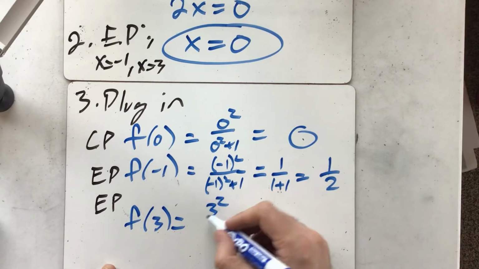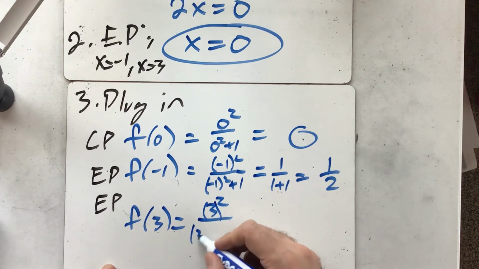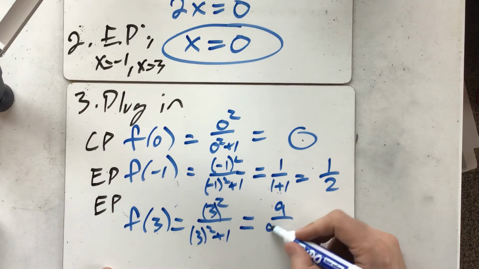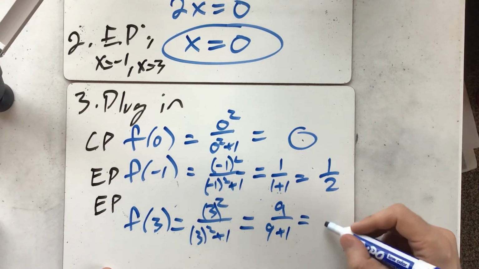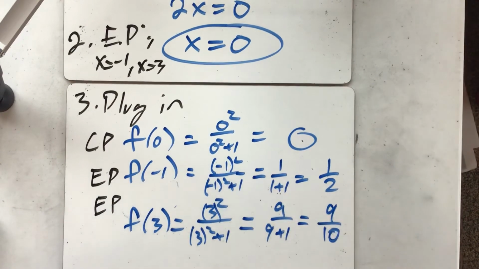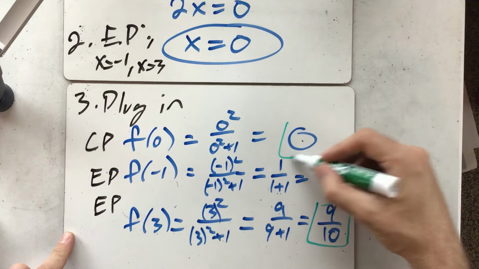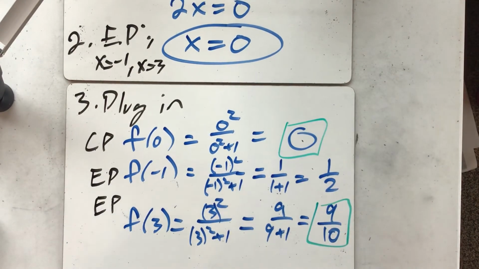This is 3 squared over 3 squared plus 1, and so this is 9 over 9 plus 1, or 9/10. And so as I look at these, I can already see my biggest number. This 9/10 is my largest, and my smallest number is this 0 right here.